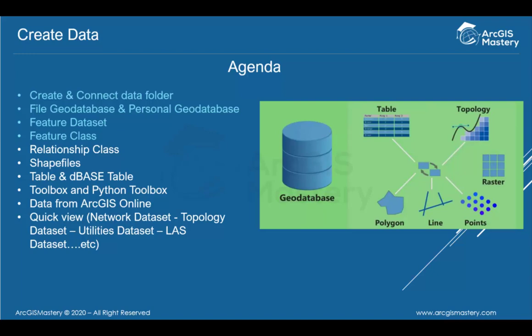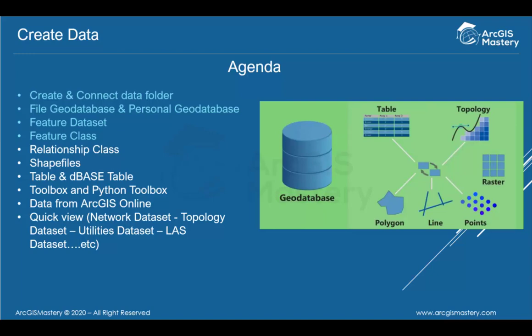A geodatabase is the most used data container to host our GIS data in one location that can be saved on any relational database. It can be saved on a relational database as a file geodatabase, or can be saved on Microsoft Access database, and we call it personal geodatabase. And we will discuss the difference between the file geodatabase and the personal geodatabase in a minute.